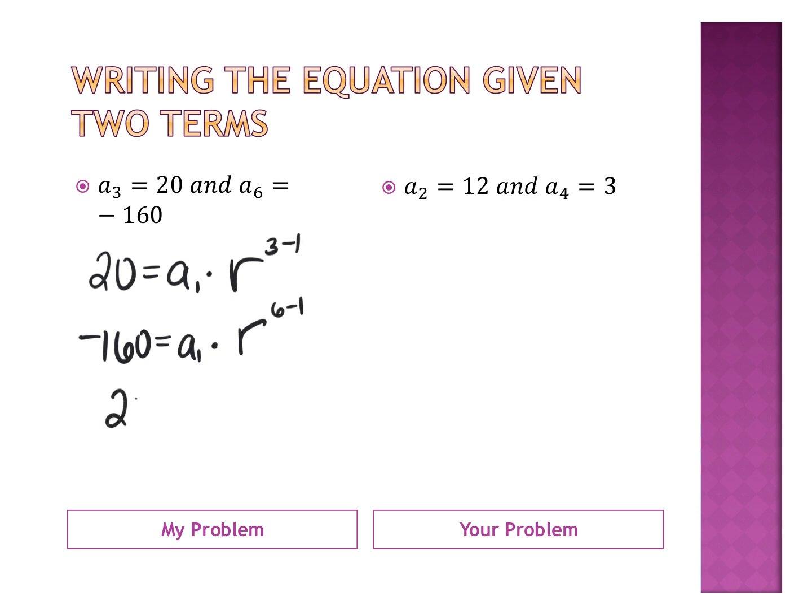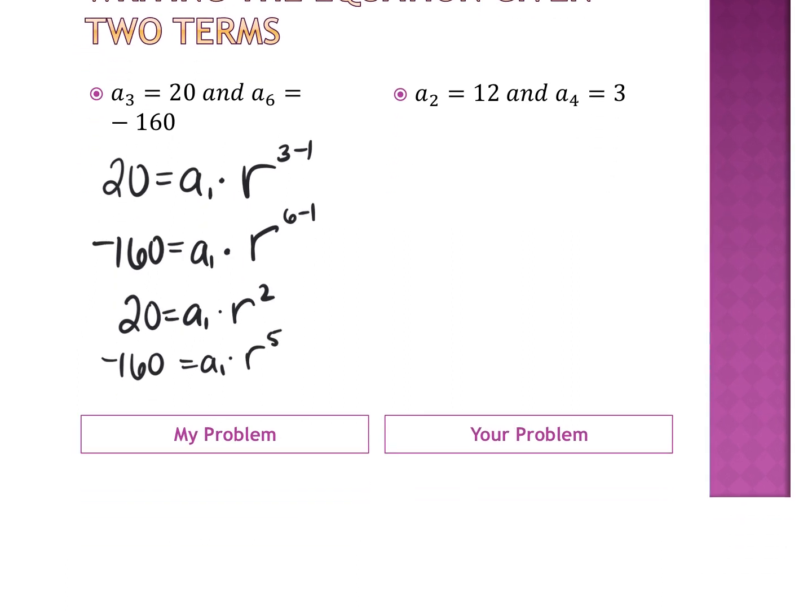So that's 20 equals a1 times r squared, and negative 160 equals a1 times r to the 5th. Now if I want to solve for a1, I would divide by r squared. 20 over r squared equals a1.